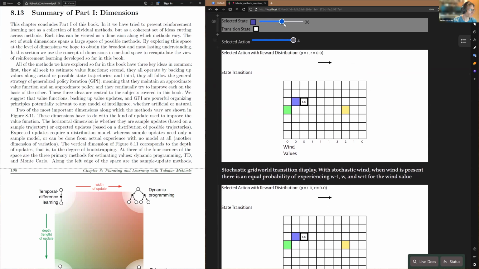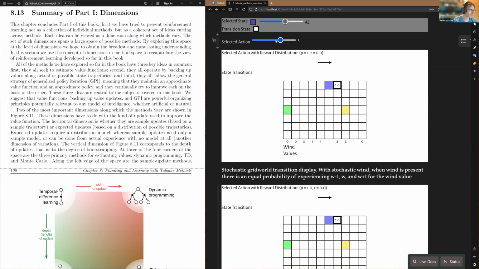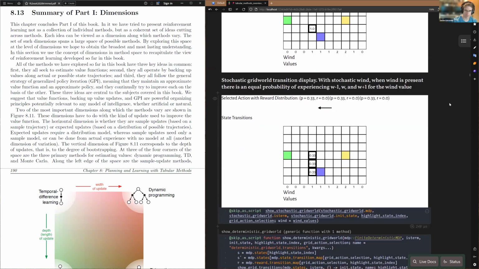Wait a second, why did that work? It worked for a second. Anyway, now it's working for some reason.